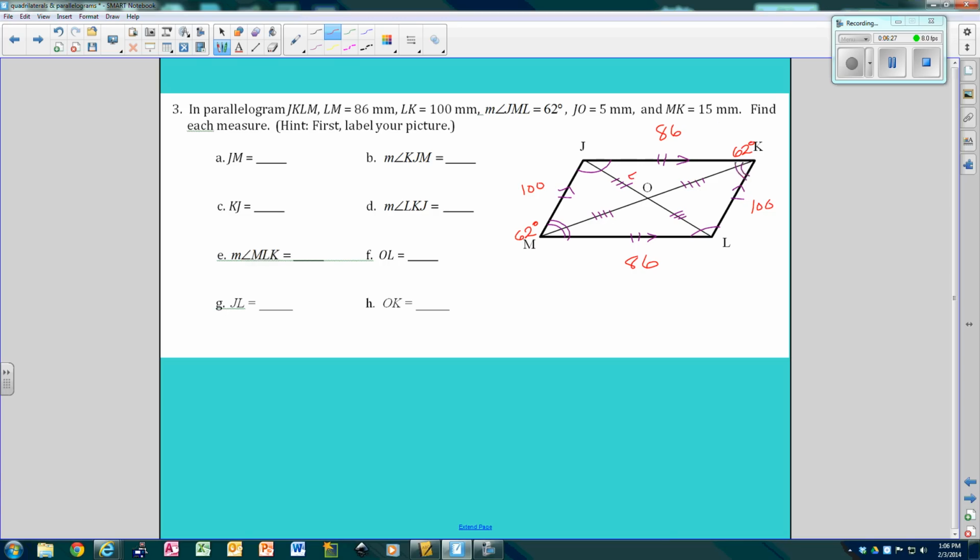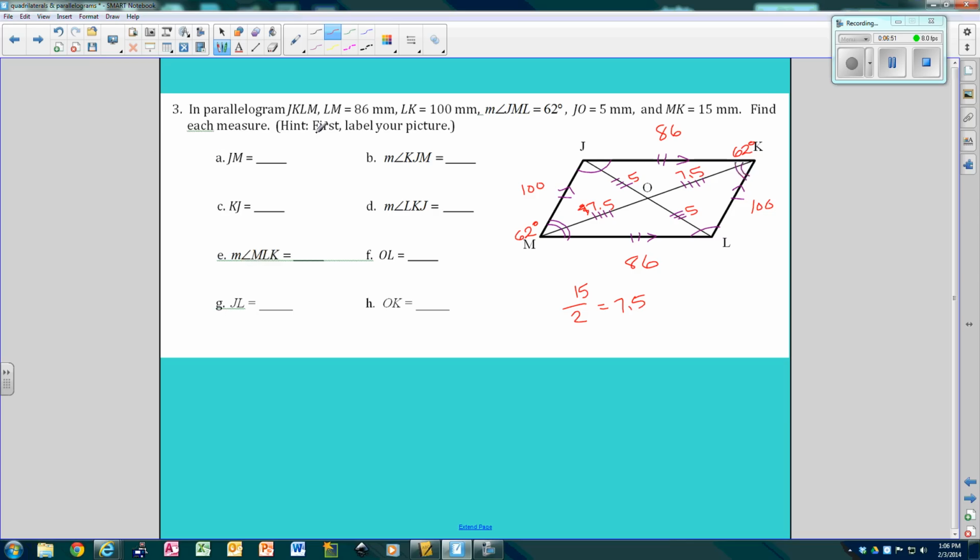JO is 5, then OL is 5. MK, the whole thing, is 15. If the whole thing is 15 and you have two equal parts, 15 divided by 2 is 7.5. So this is 7.5, and this is 7.5.